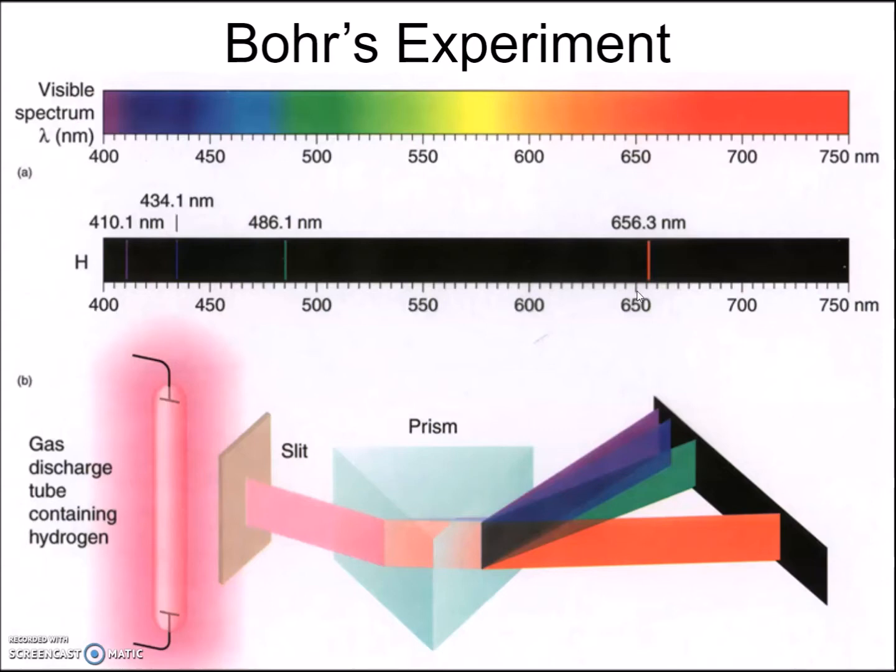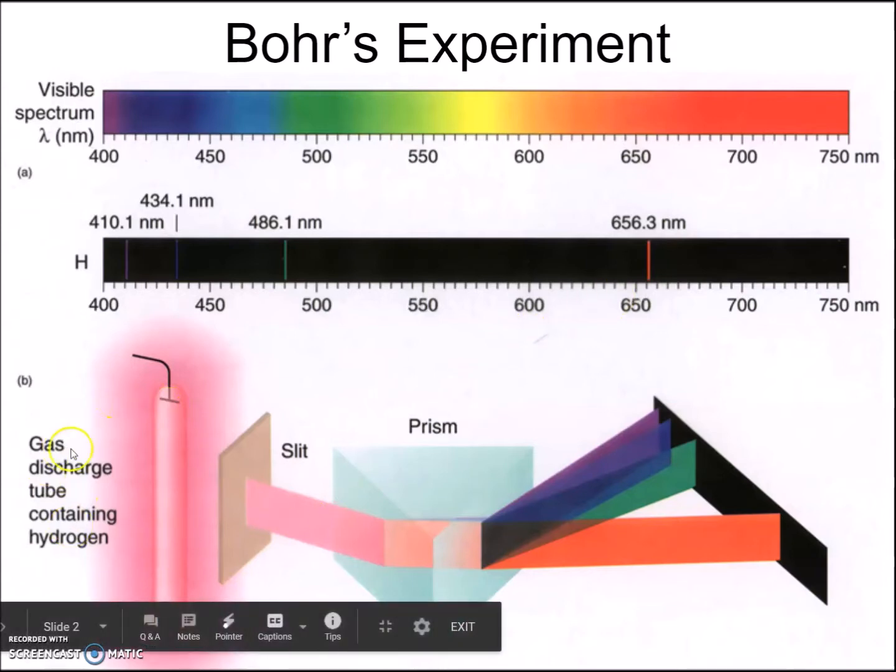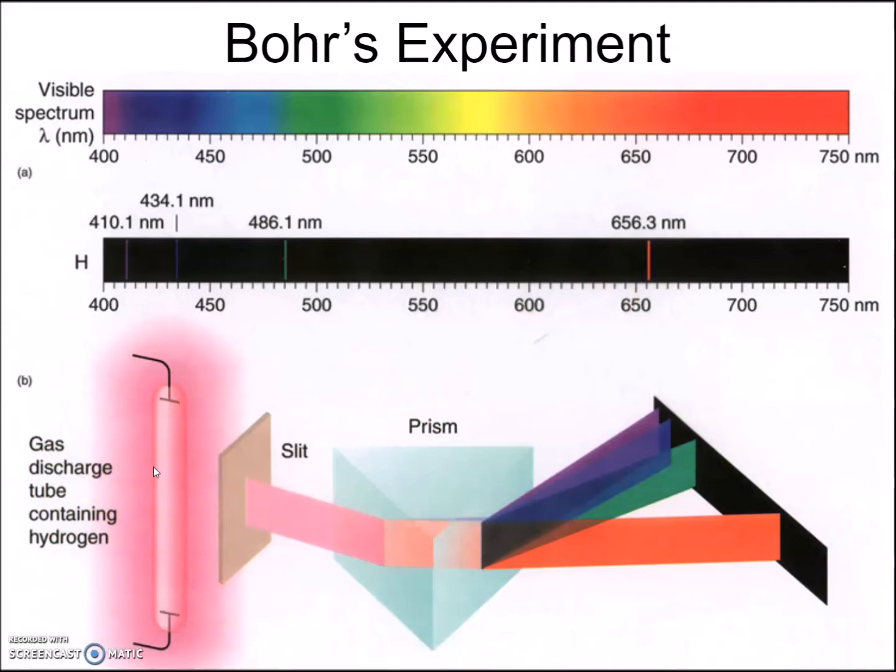Niels Bohr was a Danish scientist, and the picture here shows what he did and what was interesting about his insight. He took a gas tube with hydrogen in it. He subjected the hydrogen gas to high voltage electricity.